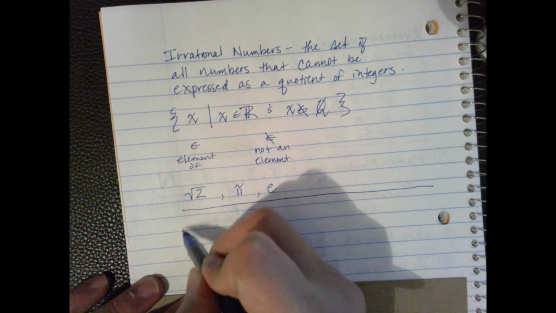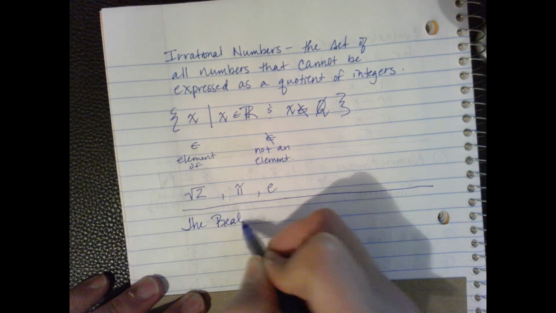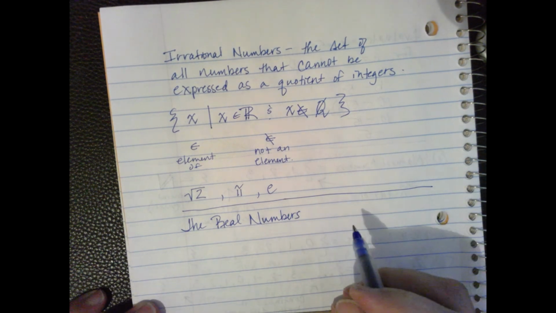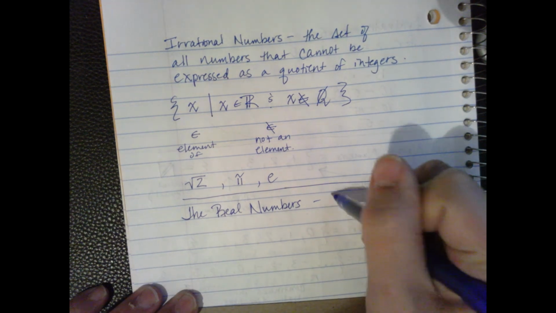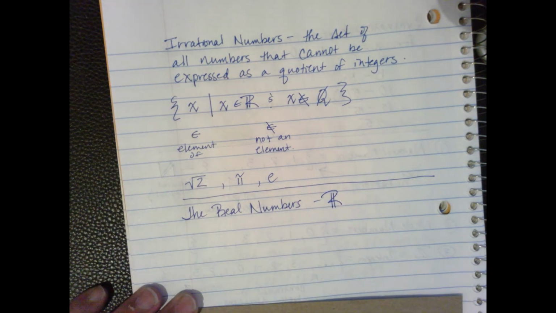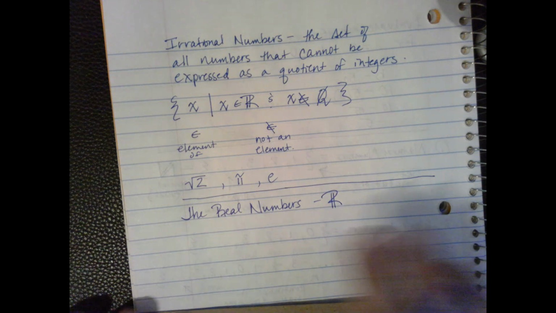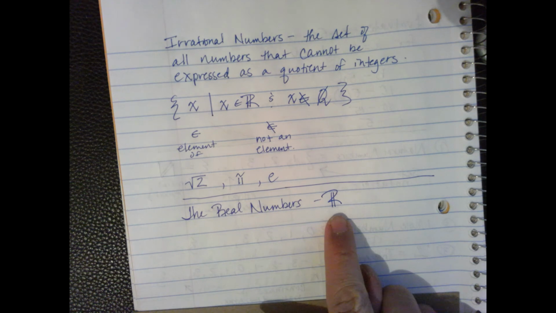So the real numbers. Our general symbol for the real numbers is a double struck R, and I will use this a lot. It's in one of your Canvas check your understanding quizzes over this section of your notes, so be aware, this stands for the real numbers.